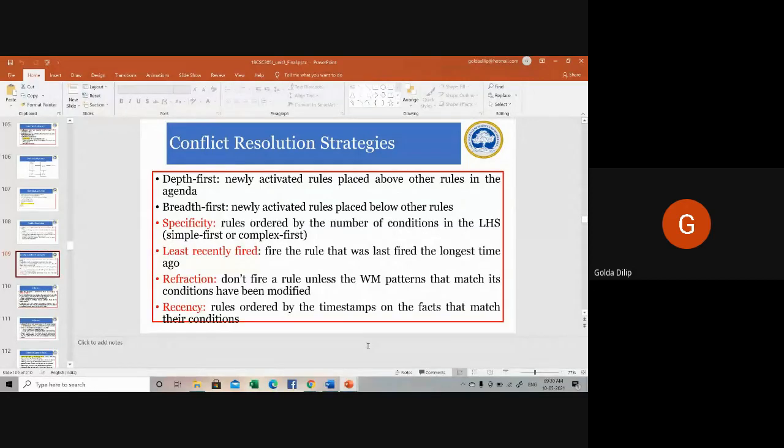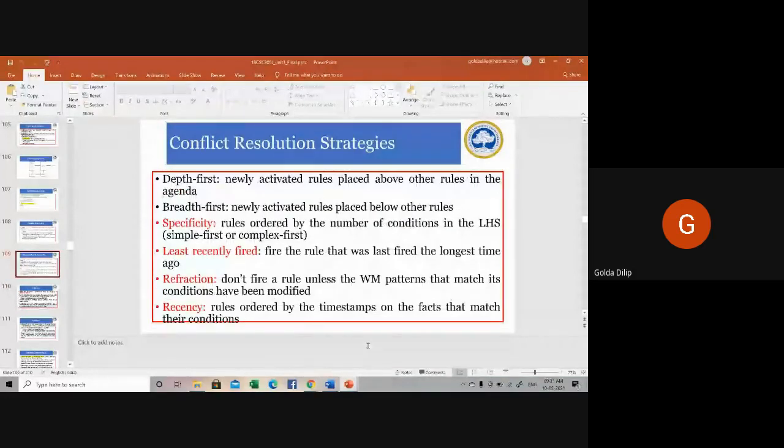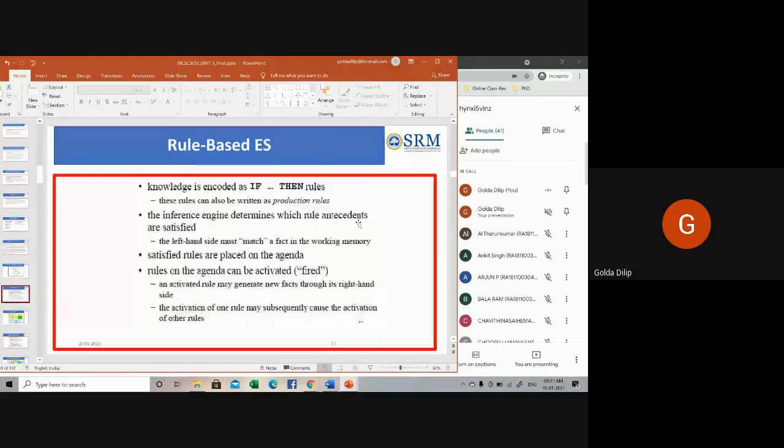You can resolve the conflict by selecting the rule which is least recently fired, or recently used, or based on the specificity of rules. So some conflict resolution strategy can be applied. Okay, so that's regarding the structure of your rule-based expert system.